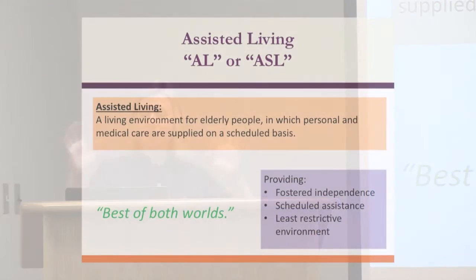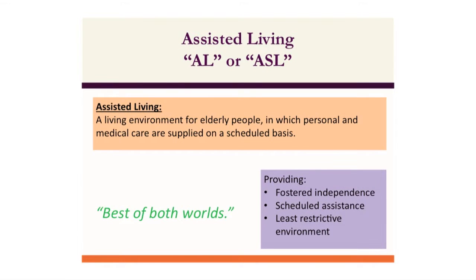Here are some of the terms that you'll hear with assisted living, AL or ASL, that's an abbreviation. The definition of assisted living, and we covered a little bit of this in the previous slide, is a living environment in which personal and medical care are supplied on a scheduled basis.